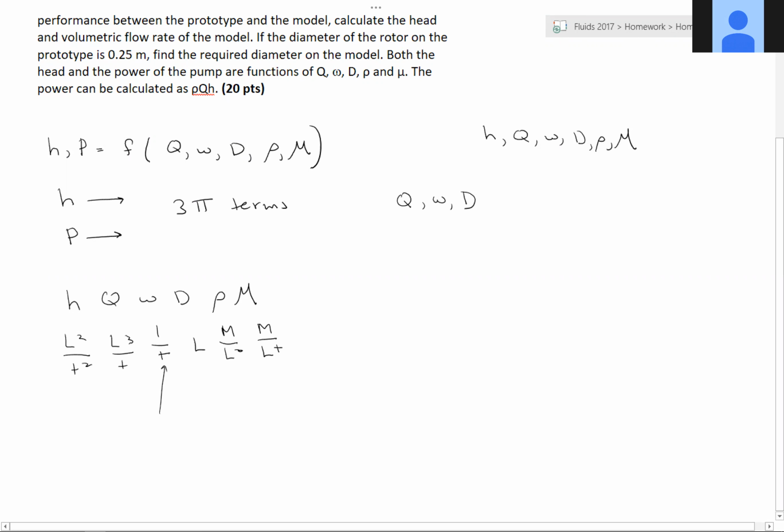This is the simplest, and then this is the simplest, and then all you have to do is choose either one of those that has a mass in it. Does that make sense? You can choose any of them, but what you want to do is choose the ones that are the easiest. So you choose rho, and I've always chosen rho because mu I don't remember, but either of them would work.